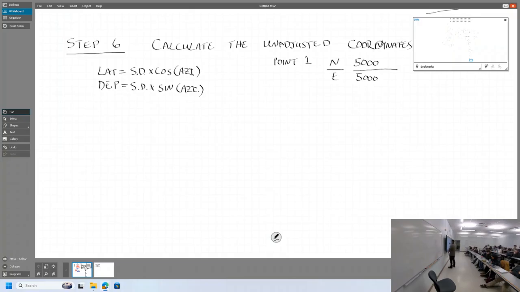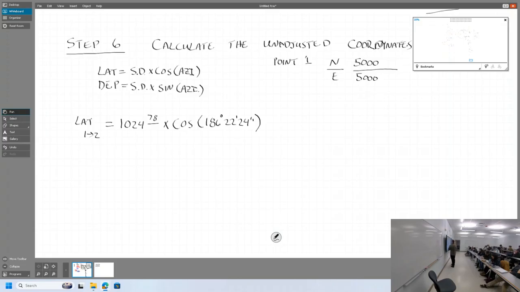So the latitude from 1 to 2 is equal to that slope distance of 1,024.78 times the cosine of our azimuth, 186 degrees, 2 minutes, 4 seconds.